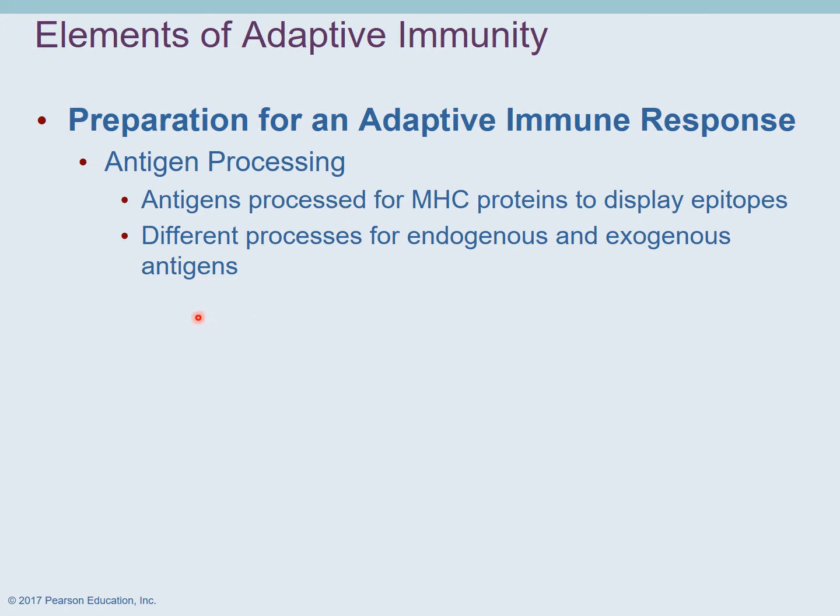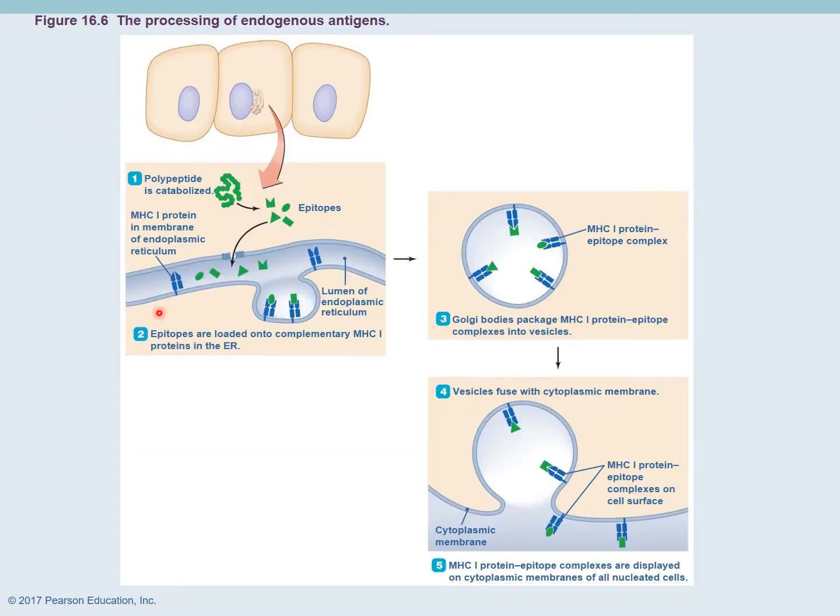So what happens is there's a process that we call antigen processing. Typically, you're going to first be making these, or you have these MHC complexes. You engulf some foreign substance, a phagocytic cell or an antigen presenting cell.